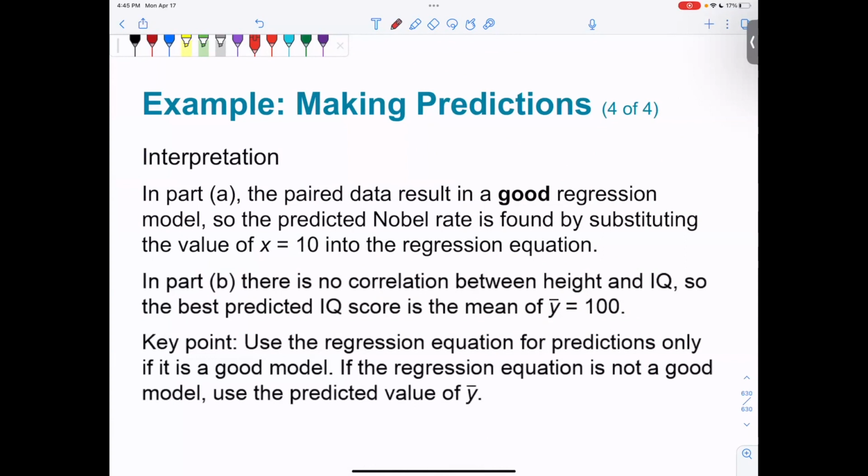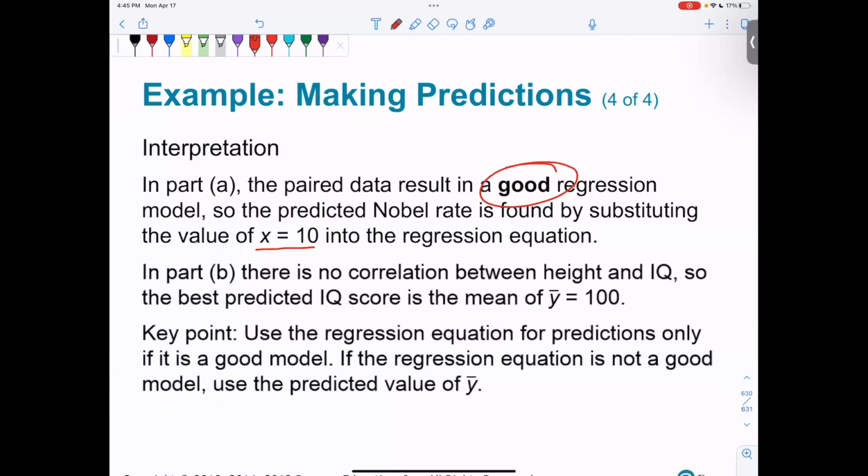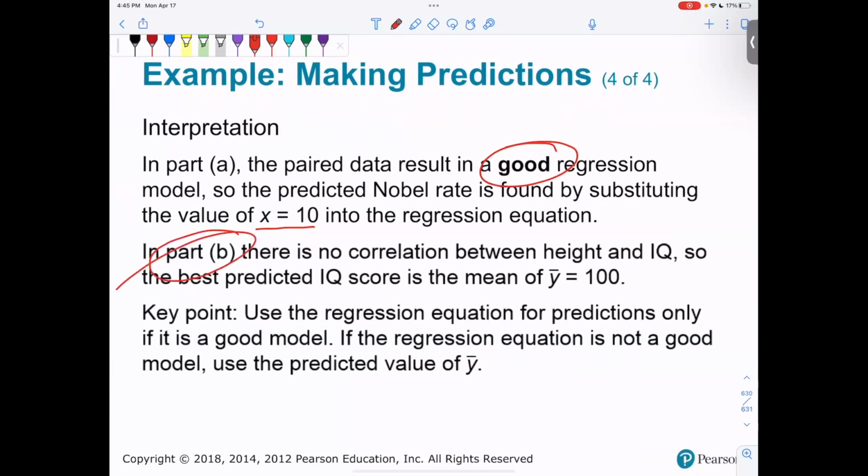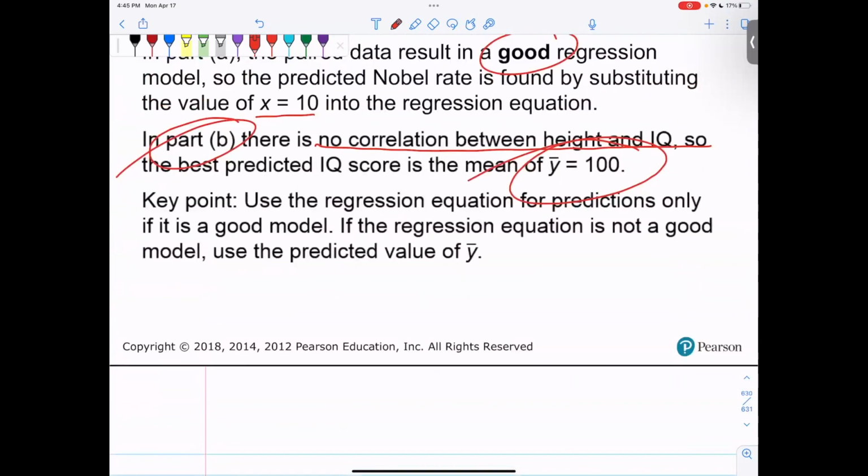So for part A, we did say it is a good model, so we use the y hat function and just plug the value of x equal to 10, substituting x by 10. But the second part B is not a good model because there is no correlation between IQ and height. In this case, we will use y bar equal to 100.